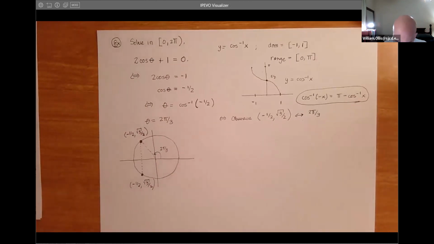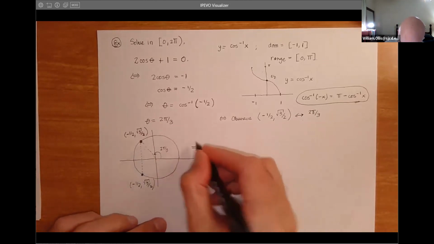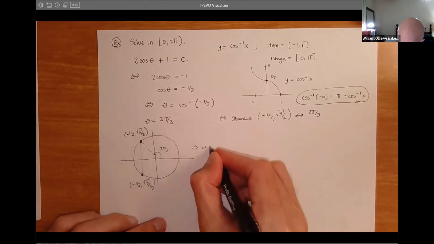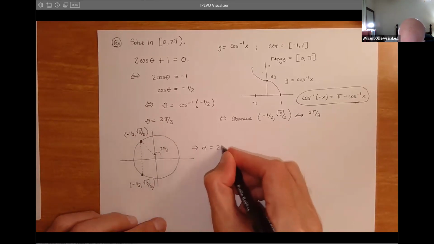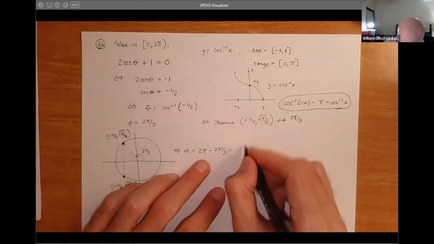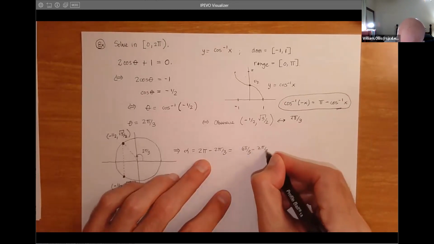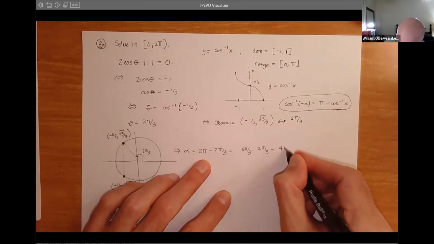Well, of course, you can look at this just in terms of the symmetry here. This implies, and we can call it alpha, alpha equals 2 pi minus 2 pi over 3 is also a solution. So this will be 6 pi over 3 minus 2 pi over 3, which is 4 pi over 3.